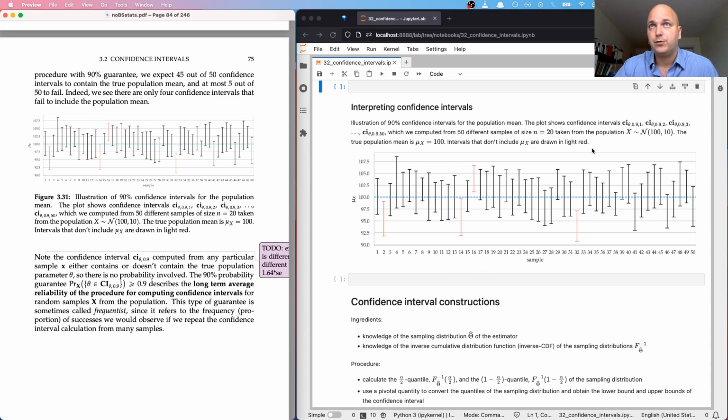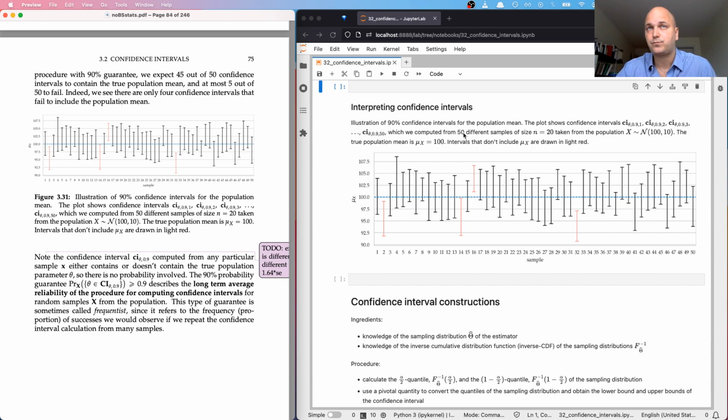Okay, so we have a population with mean 100 and standard deviation 10, and from that population we have drawn 50 different samples.